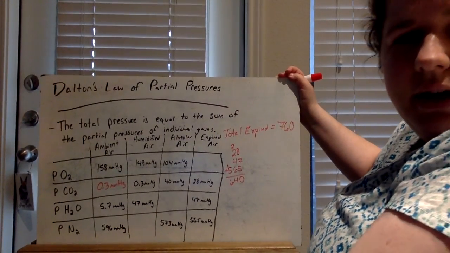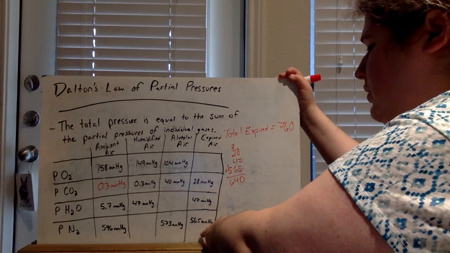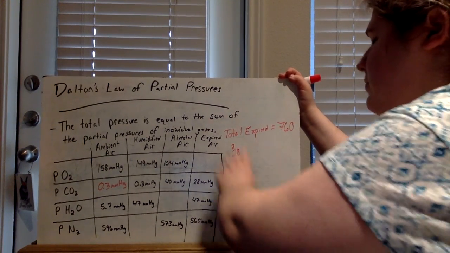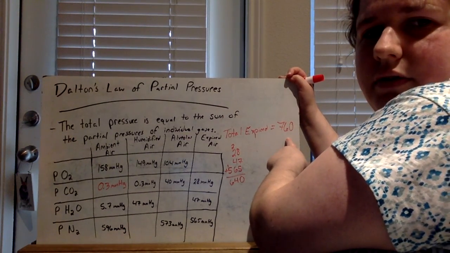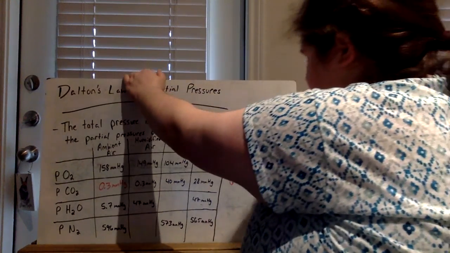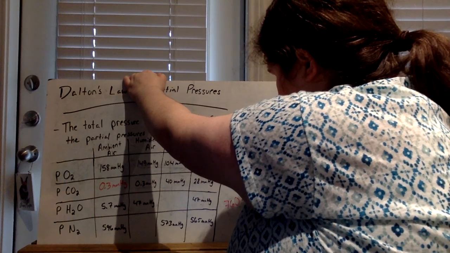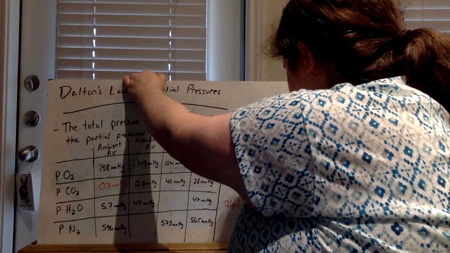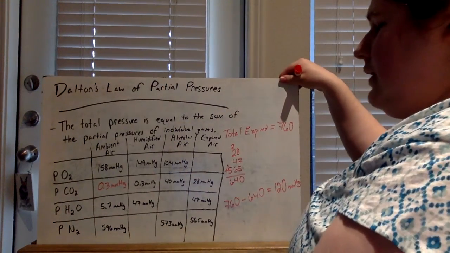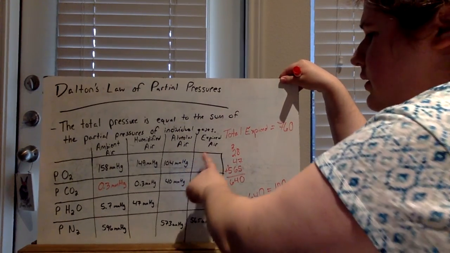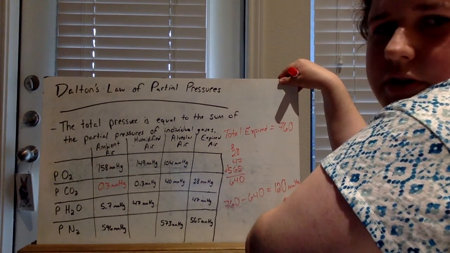So I know that my partial pressures of carbon dioxide, water, and nitrogen add up to 640 millimeters mercury. I know that my total is 760. So let's find the difference that goes right there. So 760 minus 640 is equal to 120 mmHg. So I can say that the partial pressure of oxygen in expired air is equal to 120 millimeters of mercury.